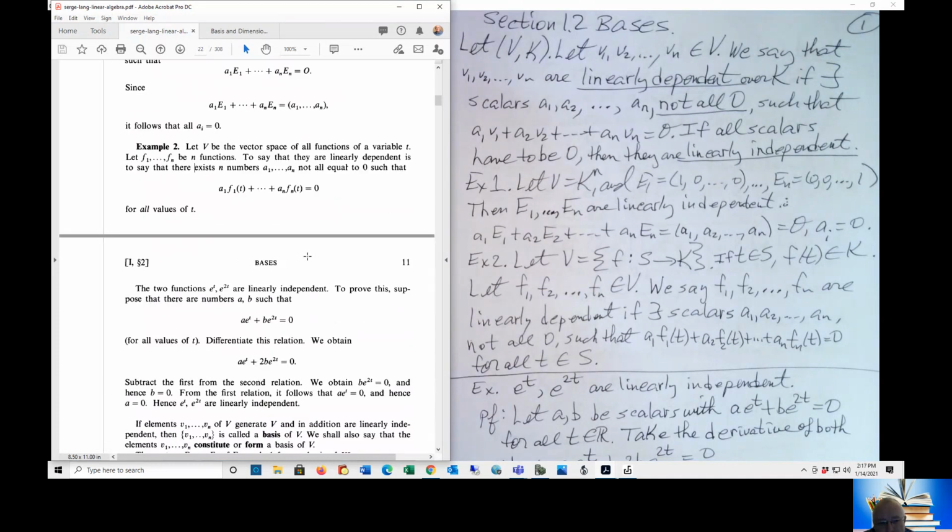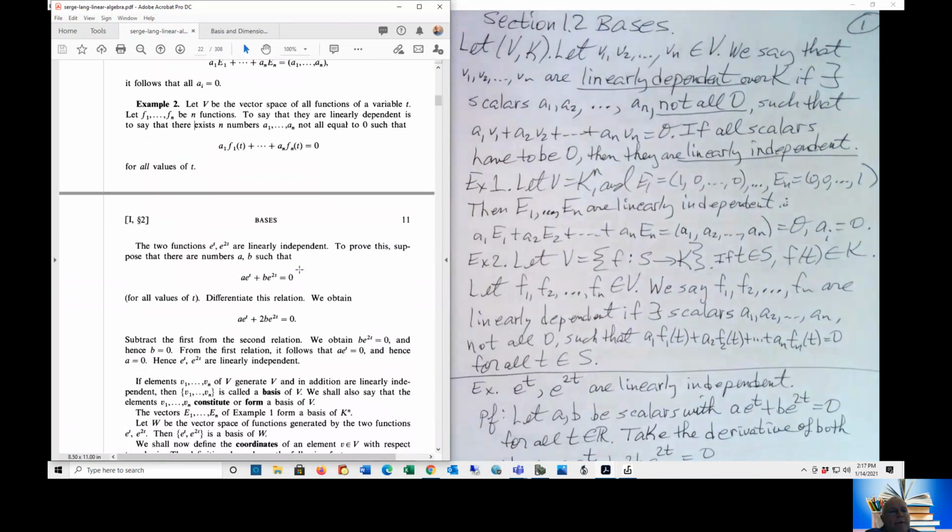That's equal to the 0 vector, so that immediately means that all of the scalars ai must be 0. And so the unit vectors in Kn are linearly independent.